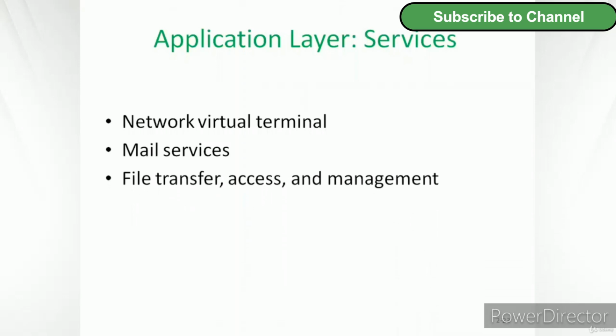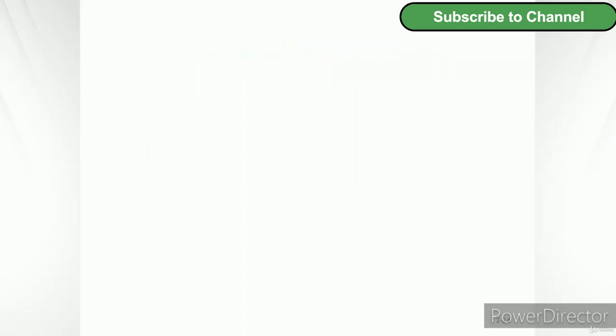Then file transfer, access, and management. The protocol used here is FTP, file transfer protocol, and by that you can transfer the file, access the file, and do the overall management of it. Then directory services: it is also responsible for directory services.